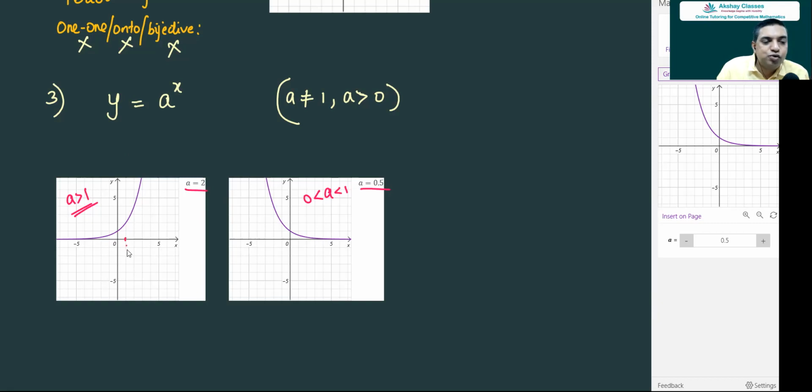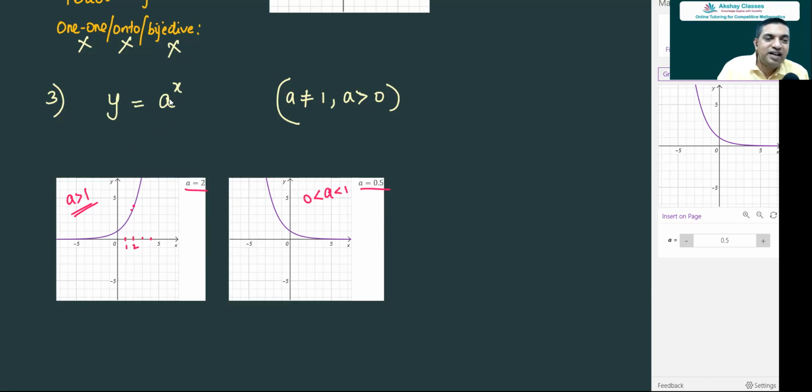So 2 power 1 is 2, 2 power 2 is 4, 2 power 3 will be 8, 2 power 4 will be 16, 2 power 5 will be 32. So the graph exponentially keeps increasing.